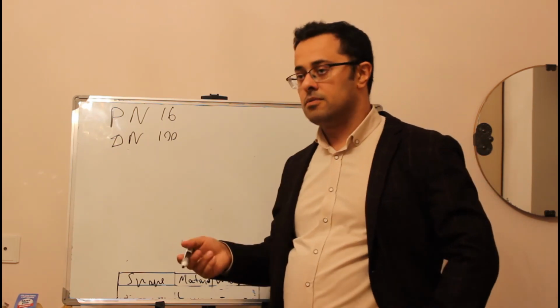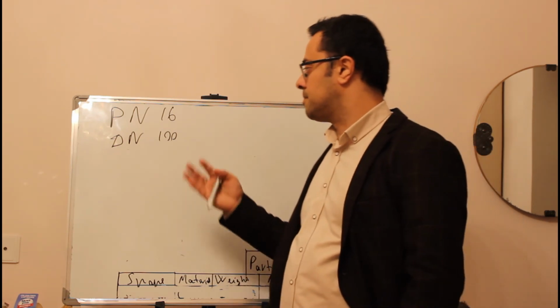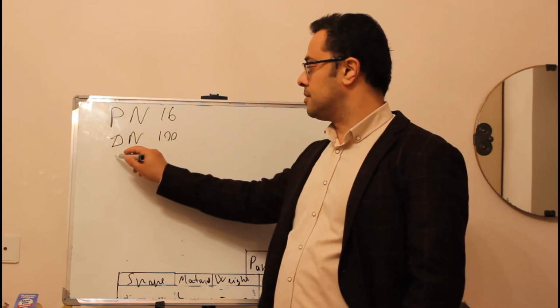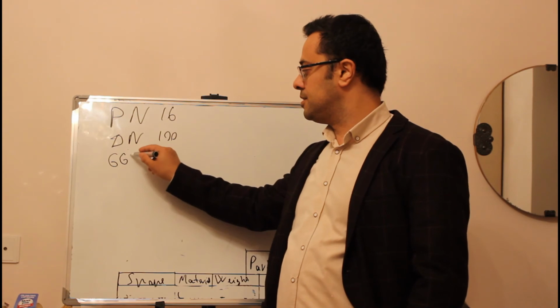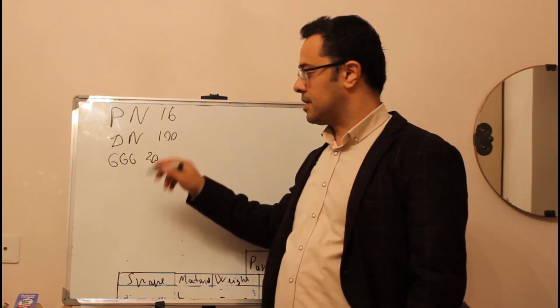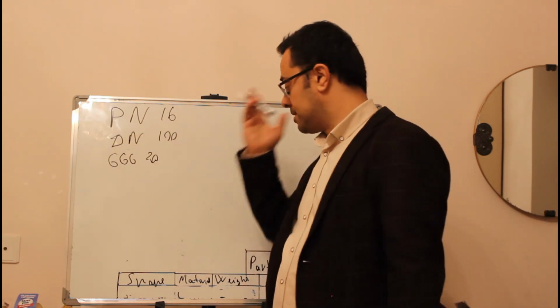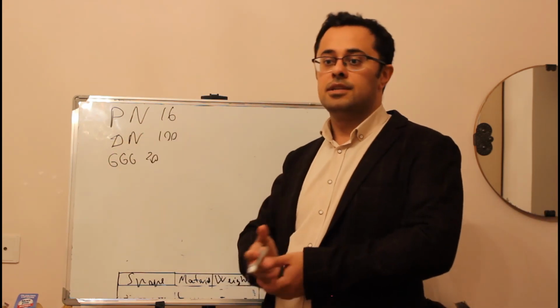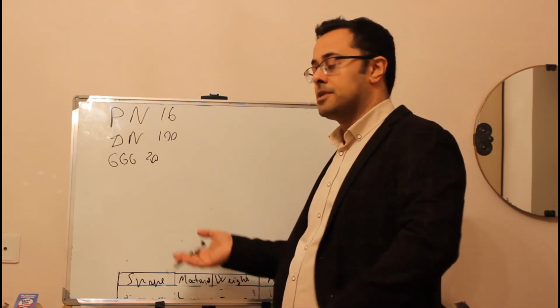What else about valves? Well, pressure, diameter, material. So GGG, like 20, like gray cast iron, something like that. 20 means 200 yield strength, 40 means 400 megapascal yield strength.